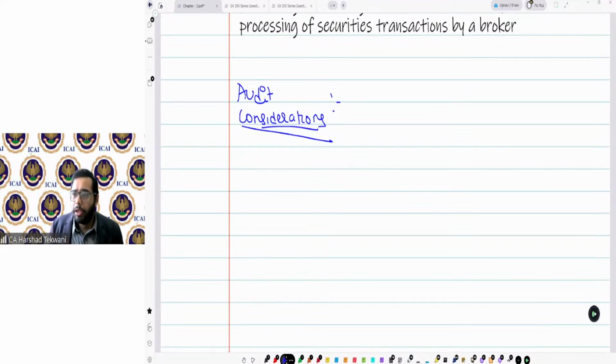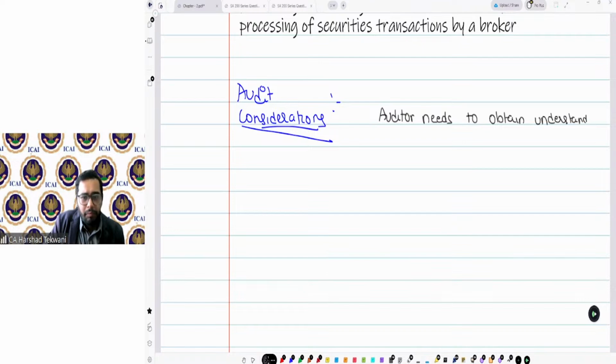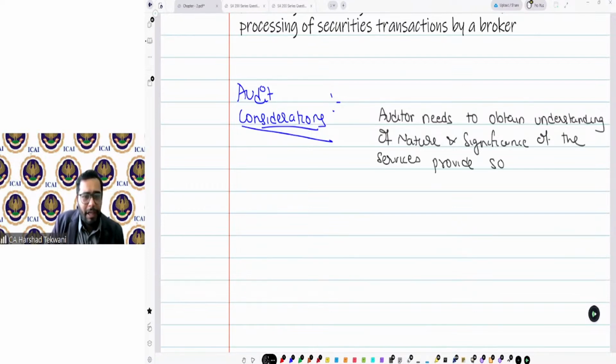The objective of the auditor here is to obtain an understanding of the nature and significance of the services provided by the service organization.